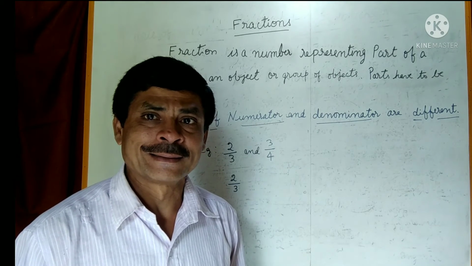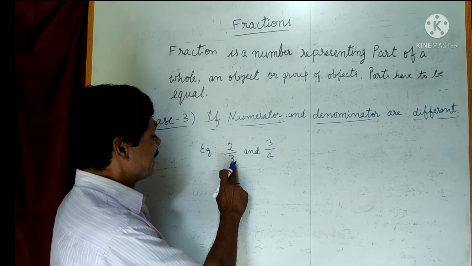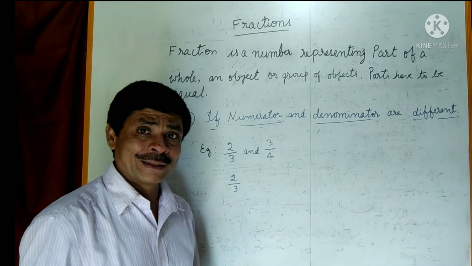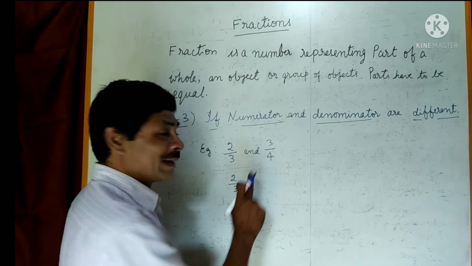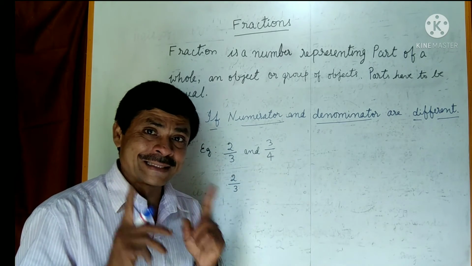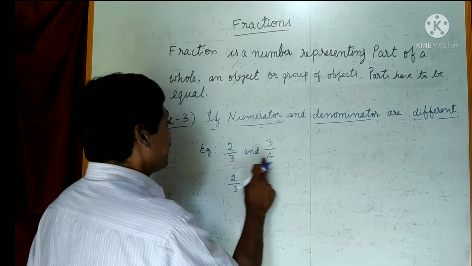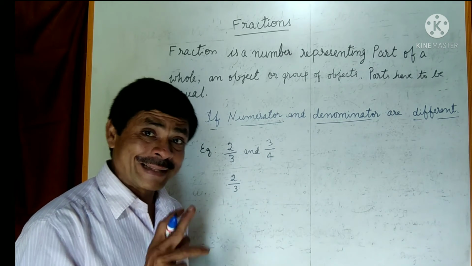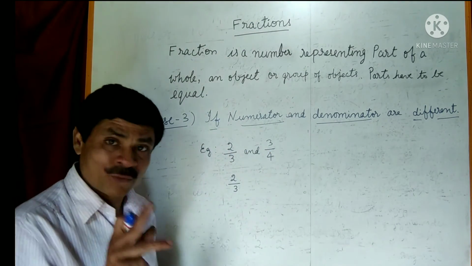two fractions. Okay? Now we have to bring the denominators to equal. That means we have to find the equivalent fraction of these with same denominator. To bring the same denominator, we have to find the LCM. Now we will find the LCM of 3 and 4.